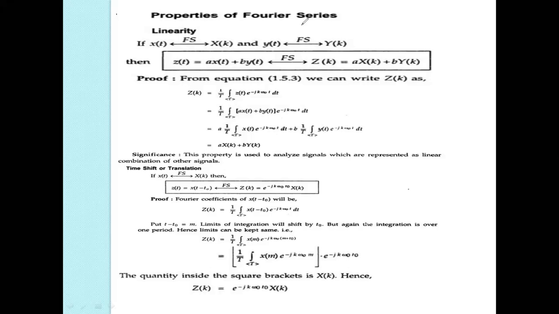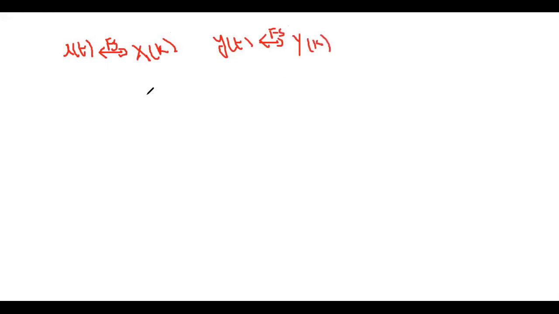The statement says that the Fourier series of x of t is x of k, and the Fourier series of y of t is y of k.